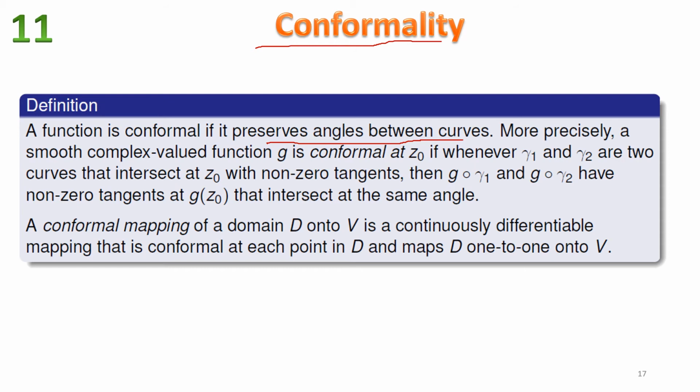More precisely, a smooth complex valued function g is conformal at point z0 whenever gamma 1 and gamma 2 are two curves that intersect at z0 with non-zero tangents, then g operated on gamma 1 and g operated on gamma 2 have non-zero tangents at g of z0 that intersect at the same angle.